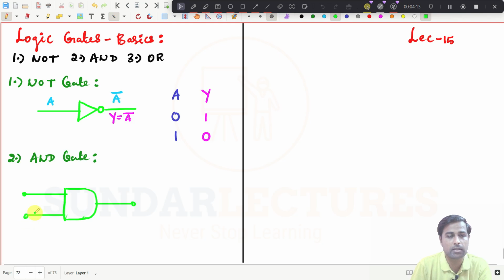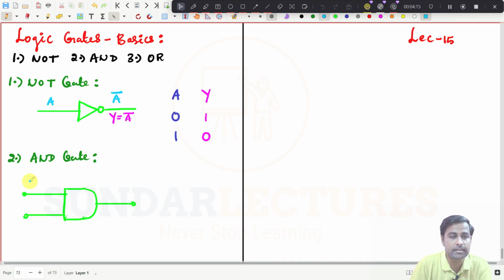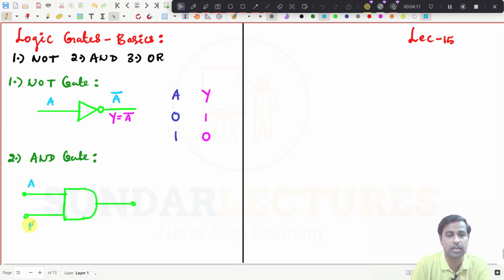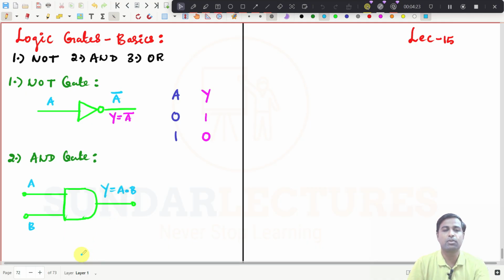This is A, this is B, and Y I can say is A AND B. This is the whole idea, right? So what will be the truth table now? There are two inputs, so it will be A and then B. With two inputs, how many combinations? 4, right?